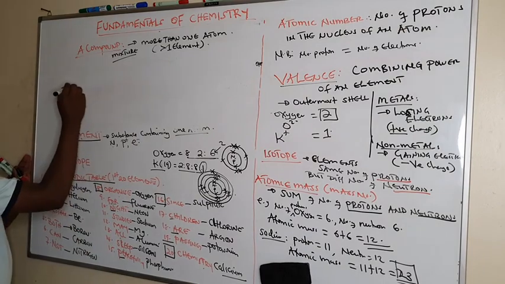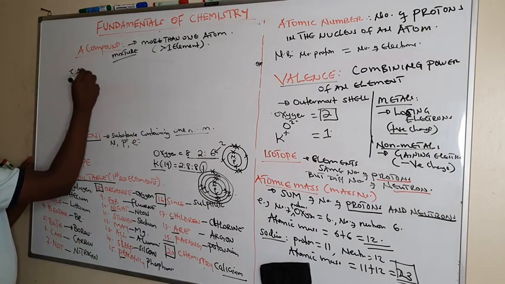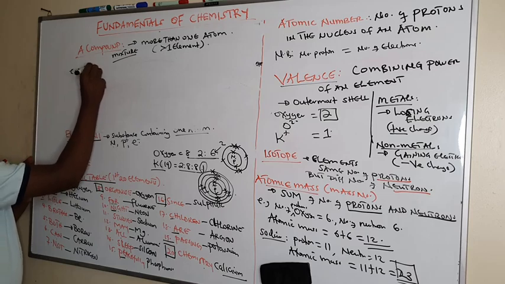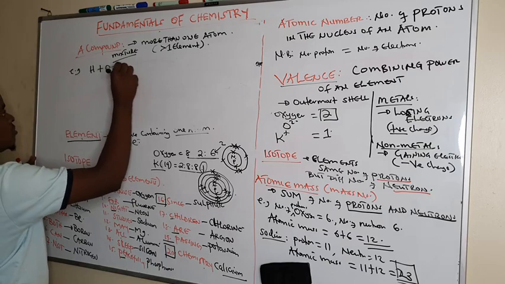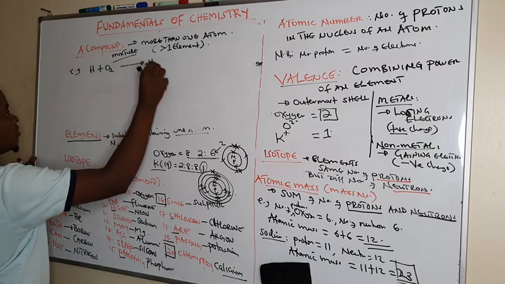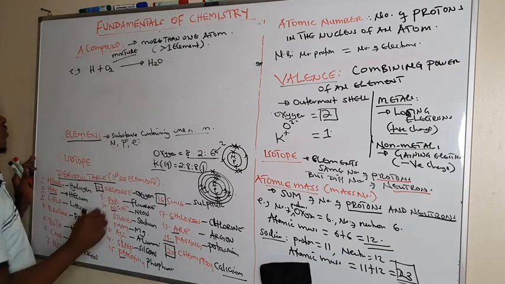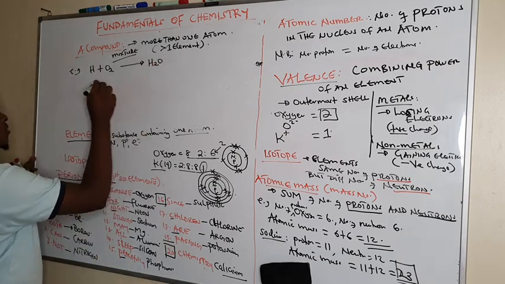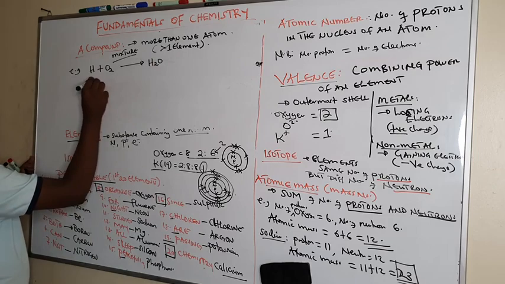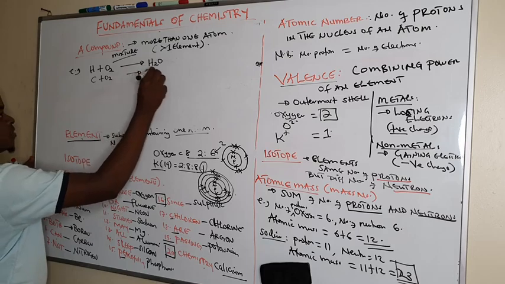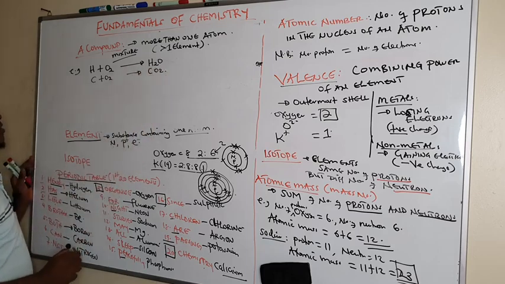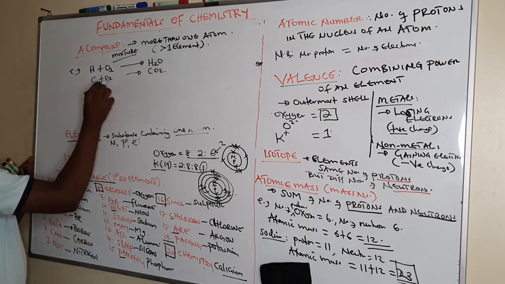For example, if I get hydrogen plus oxygen, I form a compound known as water. So water is a compound. Or if I get carbon plus oxygen, I form carbon dioxide. This one is a compound, whereby I'm getting carbon plus oxygen.